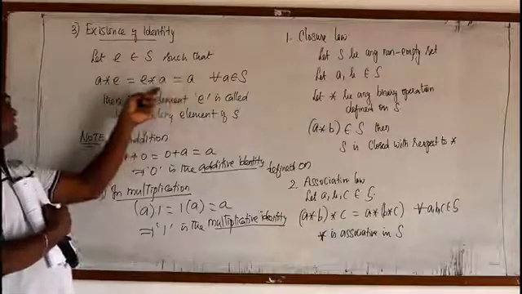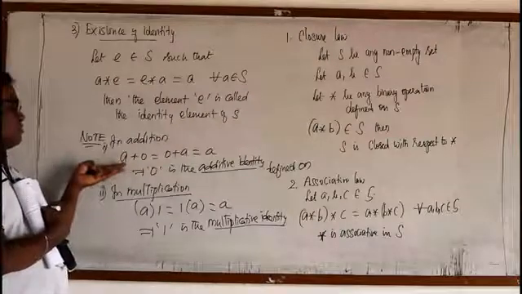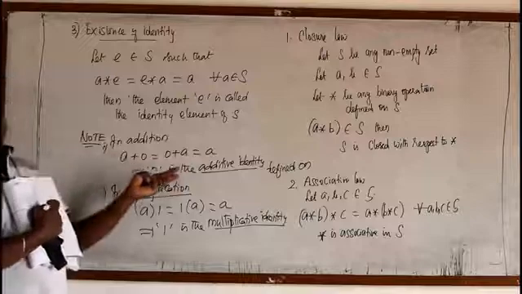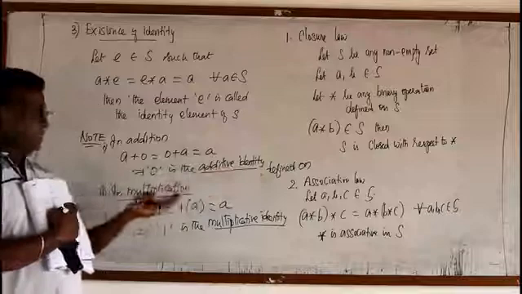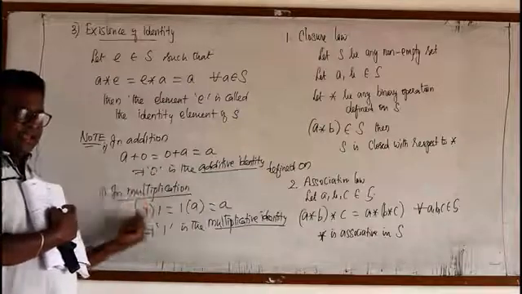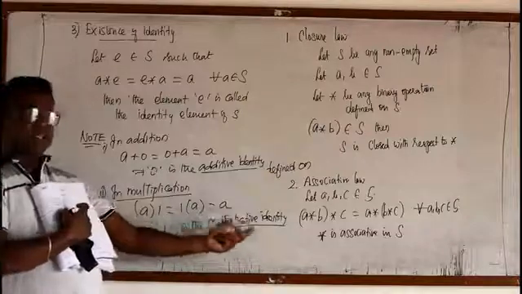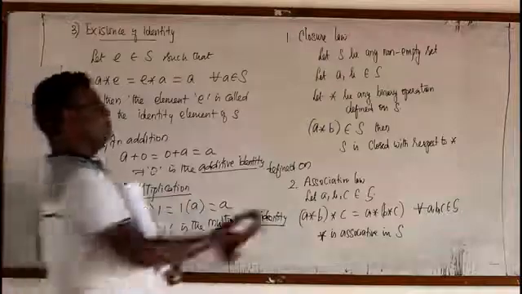That means E won't get involved, and E is called the identity element. In addition, 0 is the additive identity; in multiplication, 1 is the multiplicative identity element.